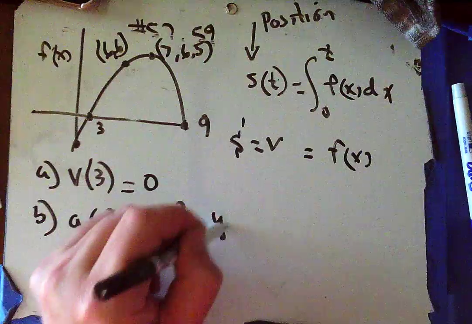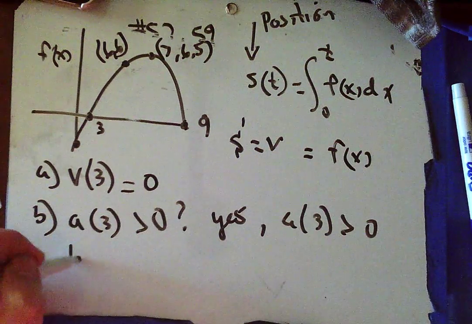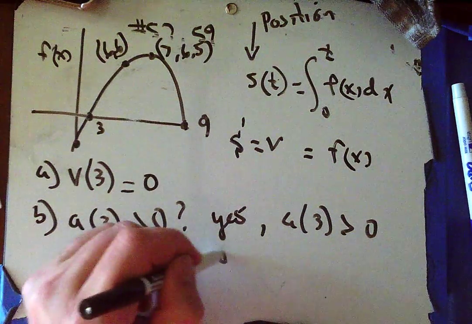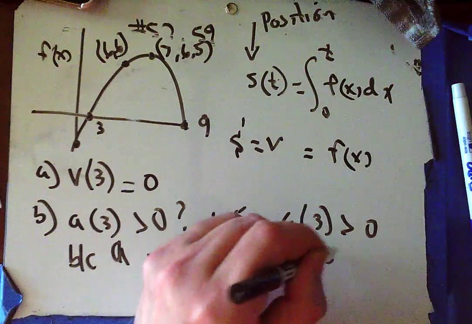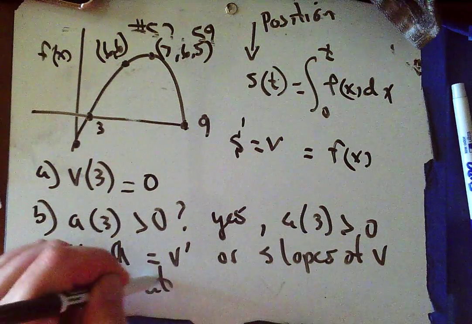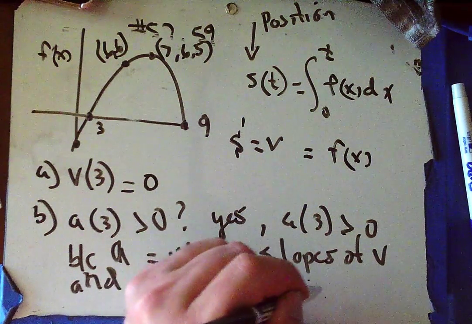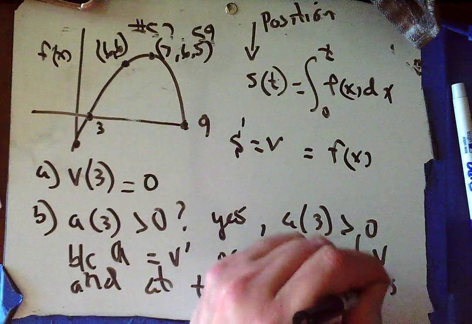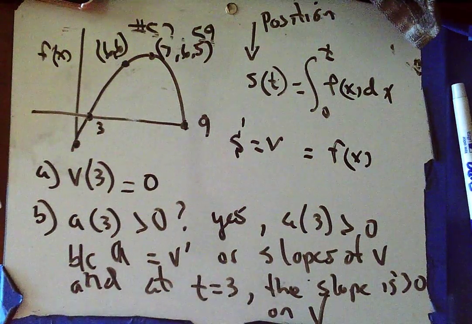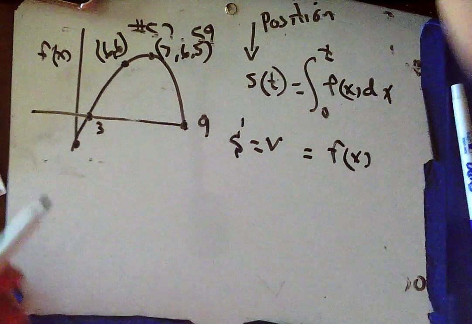So, yes, a of 3 is greater than 0 because a equals v prime, or the slopes of v, and at t equal to 3, the slope is greater than 0 on v. There we go. Okay, so that's part B. Nice. What about part C?